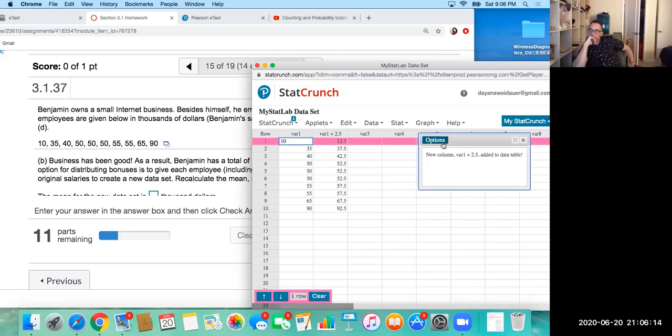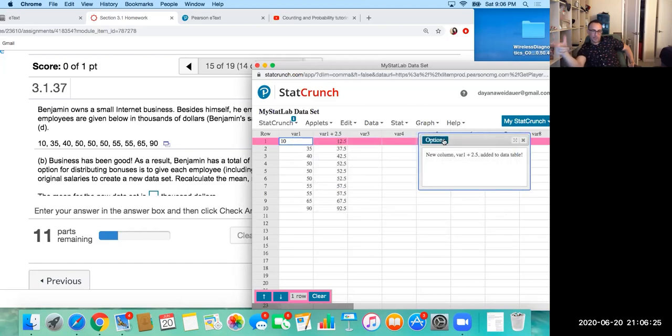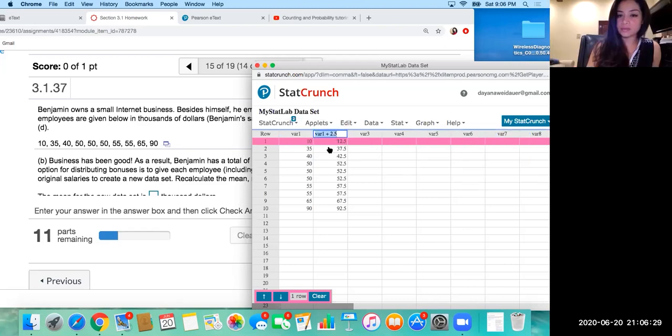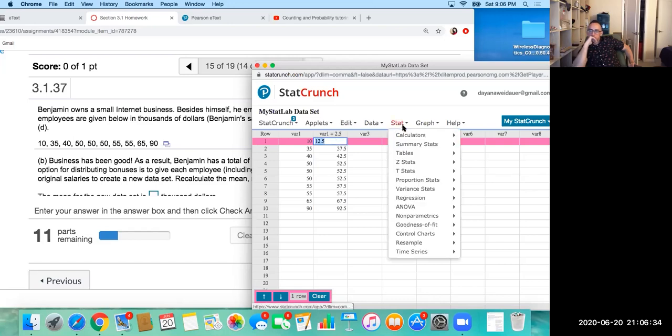I would just go to stat. It's still in that build mode, that's an expression. Because we never did stat. So you've got to go to stat. Stat, summary, columns.